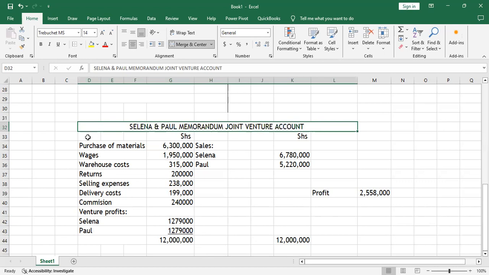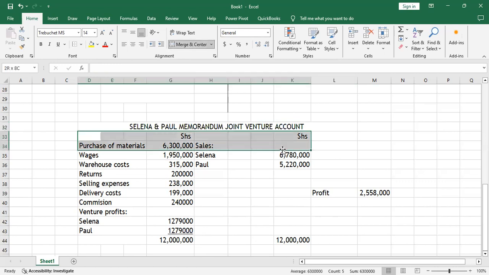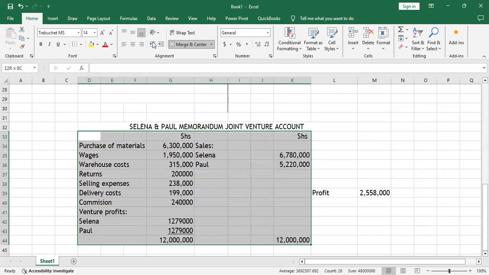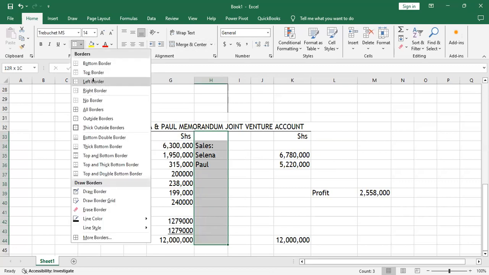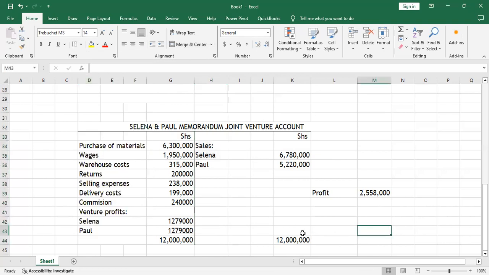And from this account, we see that the parties have made profit. The profit made is 2,558,000, and the profit has been shared according to their ratios, that is half, half. So that is our memorandum joint venture account.